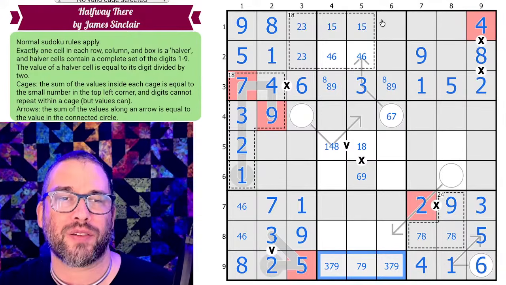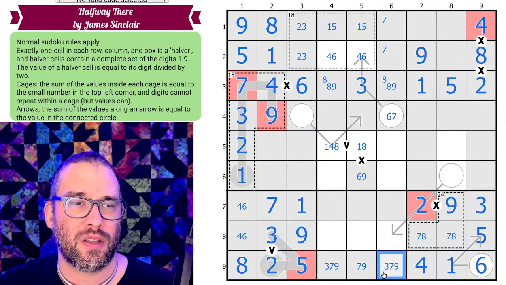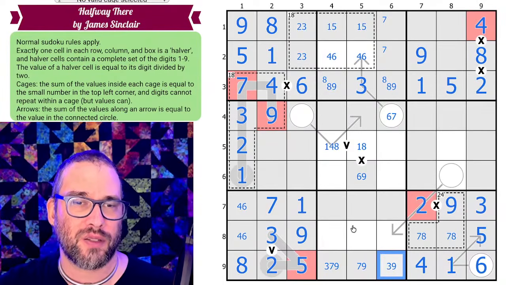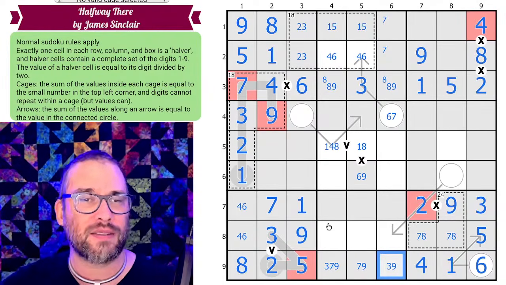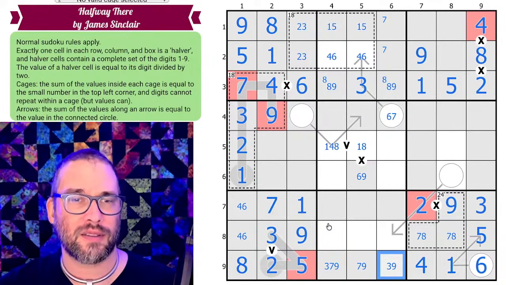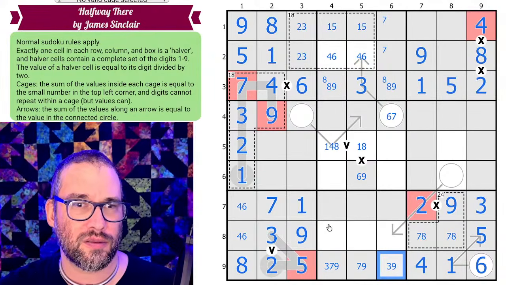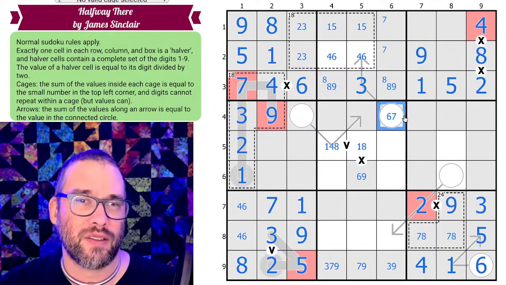Ah, 7 in box 2, points out James. Looks down at that. Oh, this arrow.